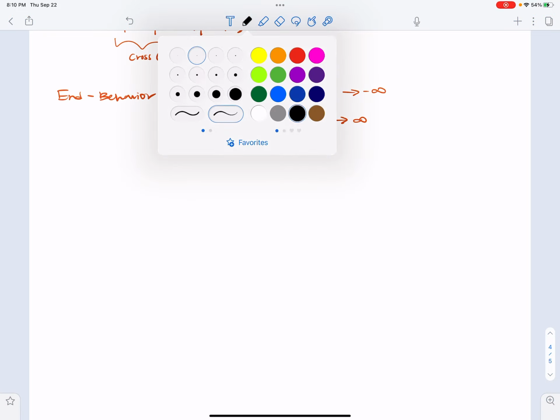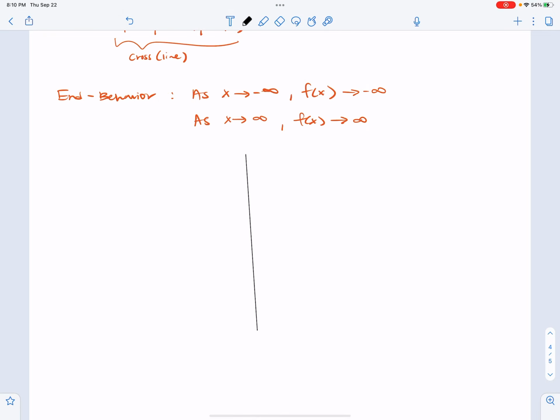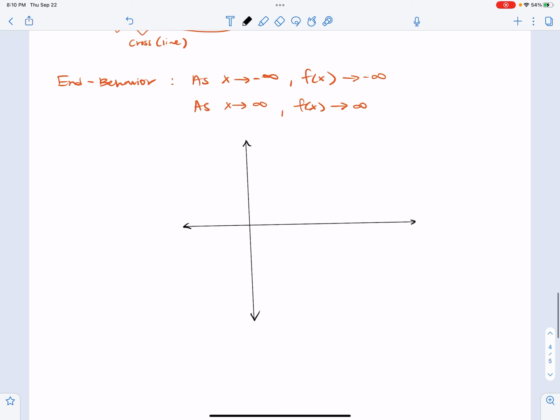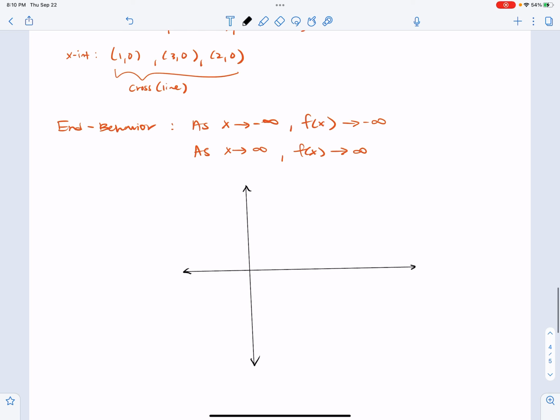So then sketching the graph. Remember, it's a sketch. Oh, we only have positive x-intercepts. Okay, so 1, 2, 3. Oh, that's all I need.